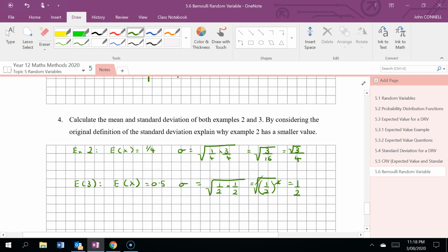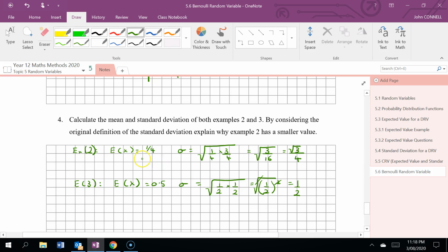Now, we've been asked to consider the original definition of standard deviation, explaining why example 2 has a smaller value. Well, in this case, although we have the same range, we don't have the same mean. So it's kind of hard to compare. Or is it? Well, our expected value is a quarter for the first one, so that's closer to 0. Now 0 is a more heavily weighted value.